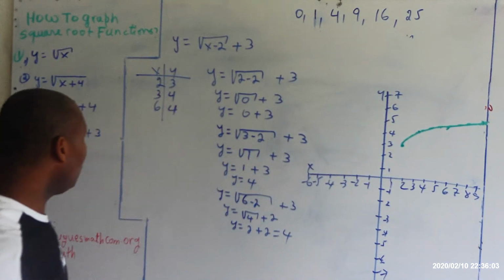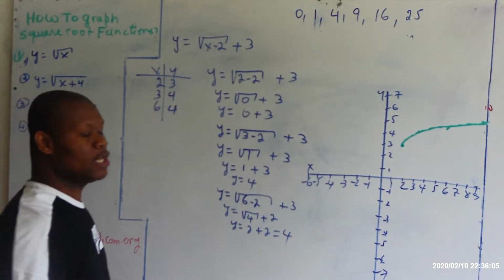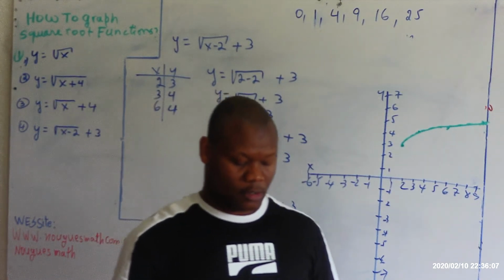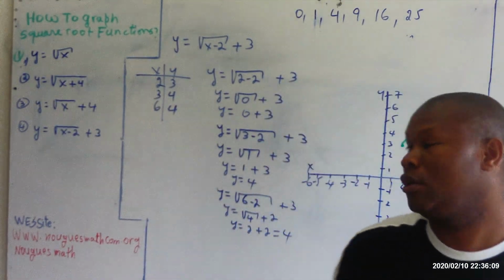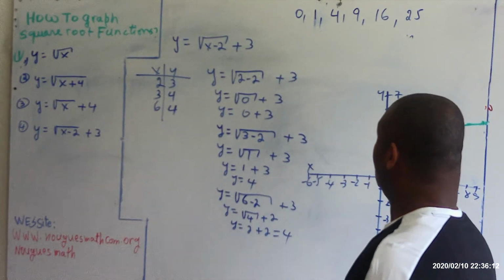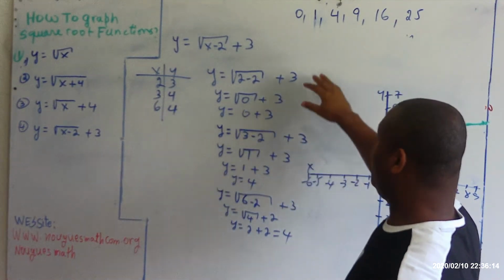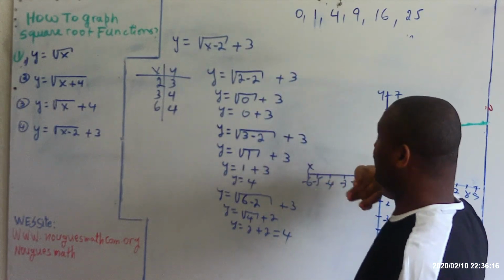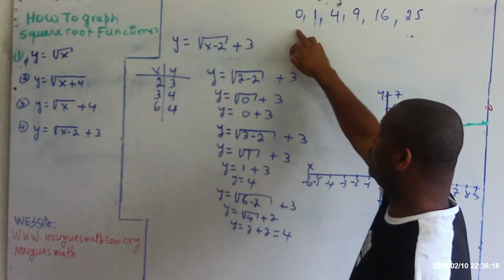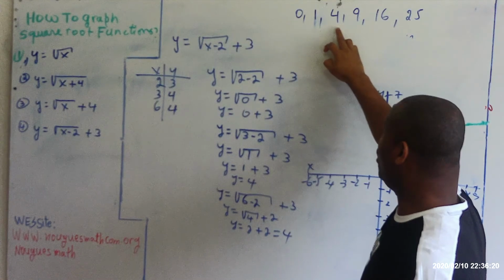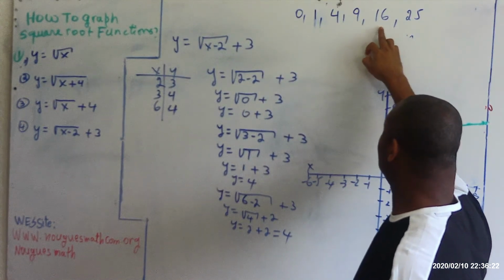Perfect. Alright, I believe you can understand how to graph a square root function by knowing correctly the perfect square numbers, okay? Remember the perfect square numbers: 0, 1, 4, 9, 16, 25.